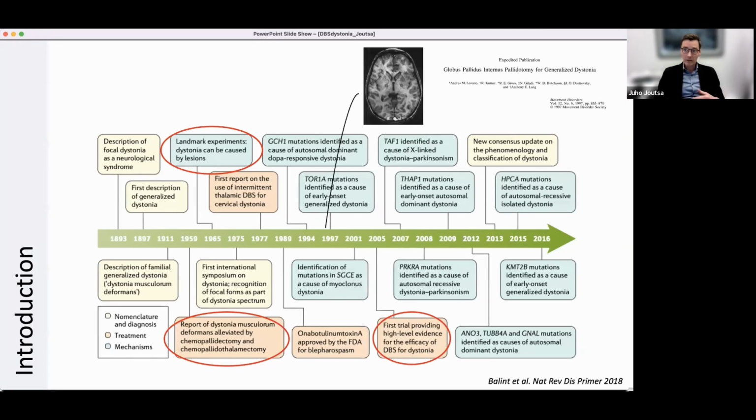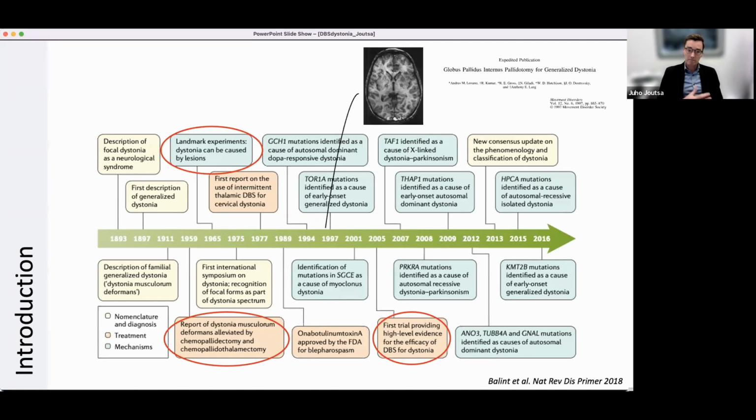So early on, lesion studies in animals were highly influential in reformatting the idea of the background of dystonia towards brain pathology. By creating lesions in animals, researchers were able to induce dystonia in these animals. In addition, there were human case reports of lesions causing dystonia.